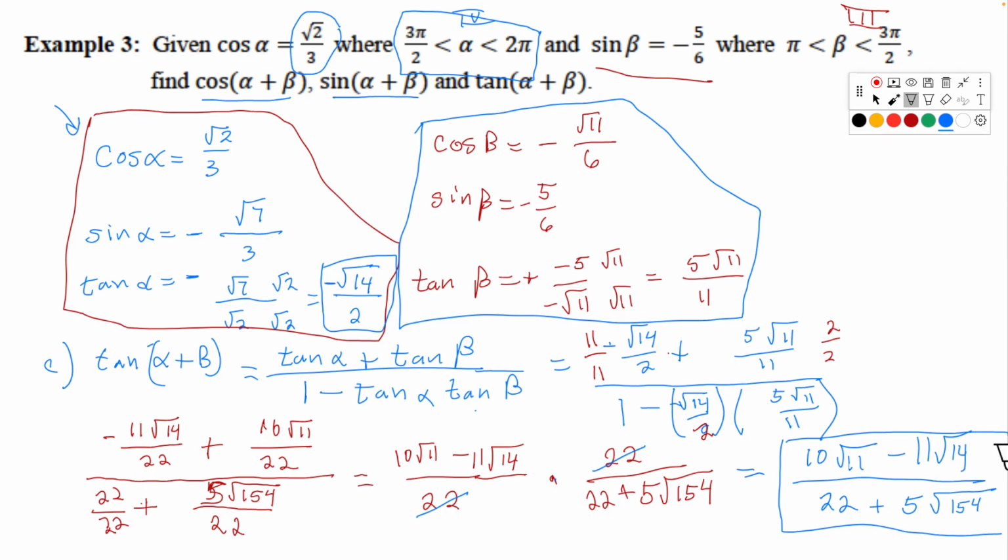Questions? Okay. So you can see tangent is one of the harder ones to work with because we got a fraction over a fraction. Sines and cosines are not so bad. It's just a fairly simple function. You put them in, multiply, and usually we have a common denominator, so those are nice and easy. Tangents are going to be more difficult.